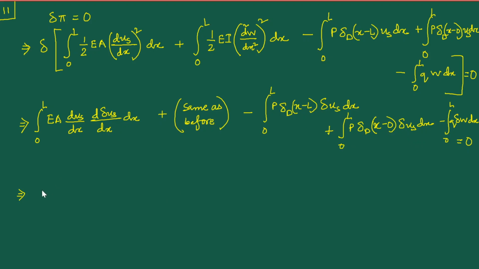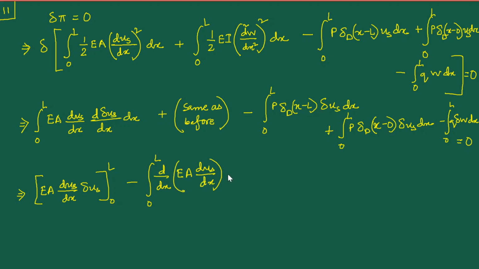So towards that end we carry out the integration by parts. For the boundary terms, we'll have this thing, EA dus dx delta us, between 0 and L, and then minus integral d dx of EA dus dx delta us dx.